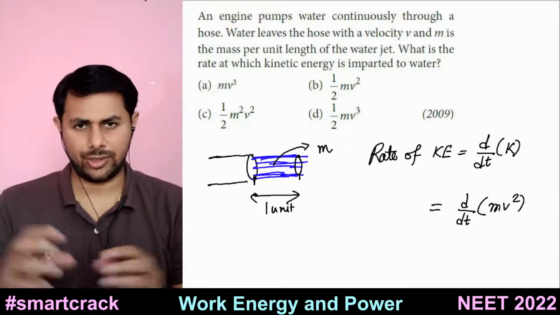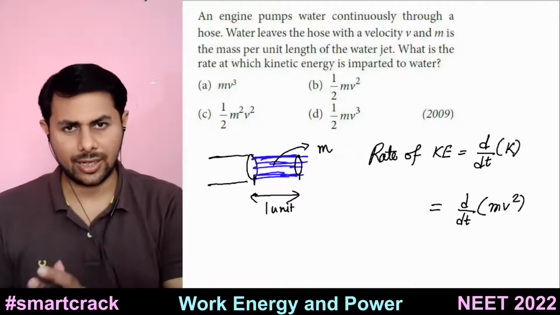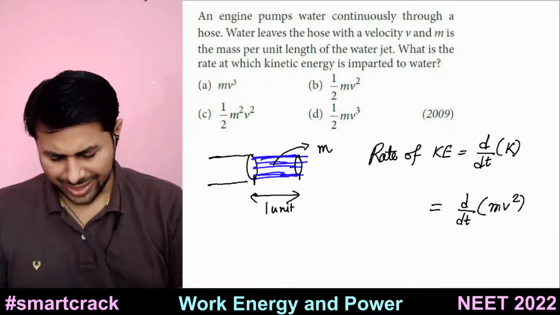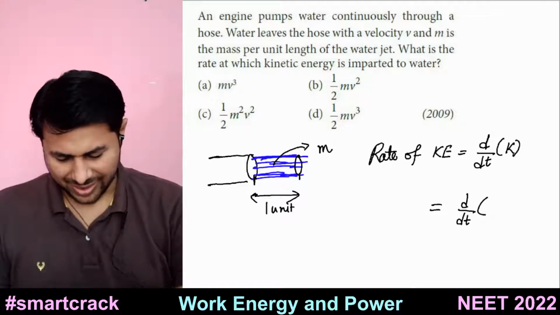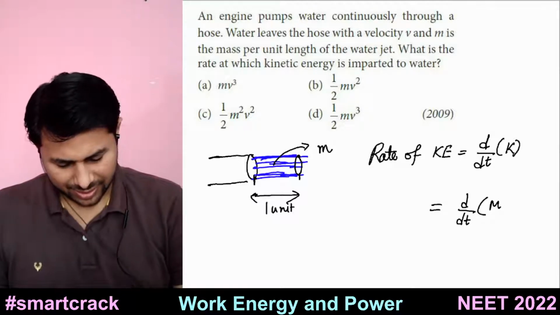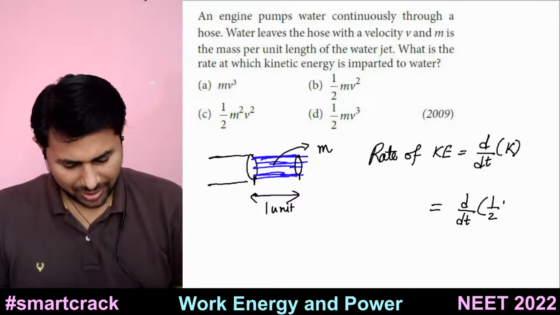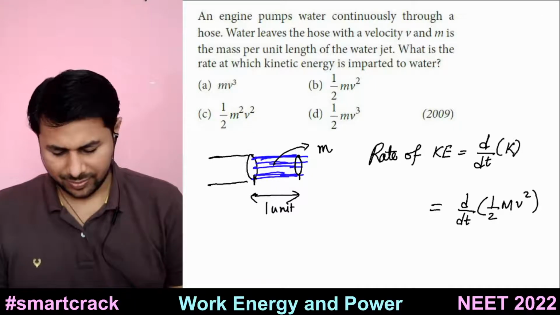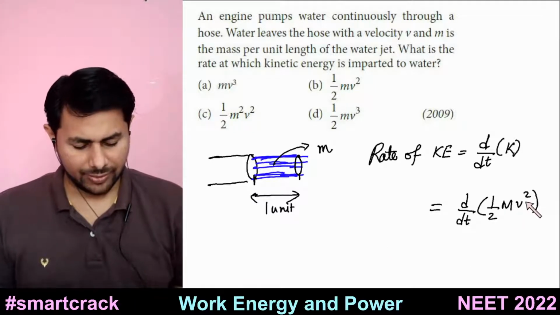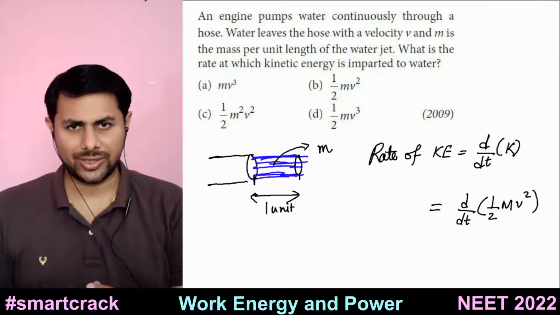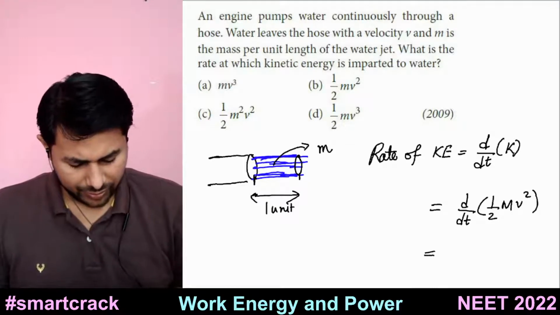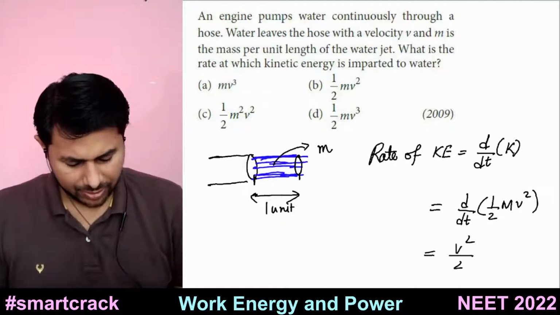The speed is constant over here, so I take v squared by 2 outside.